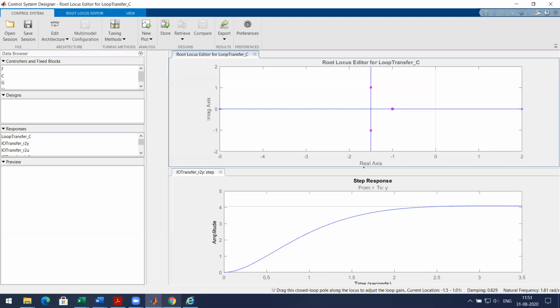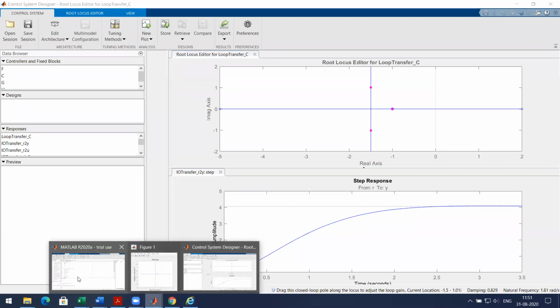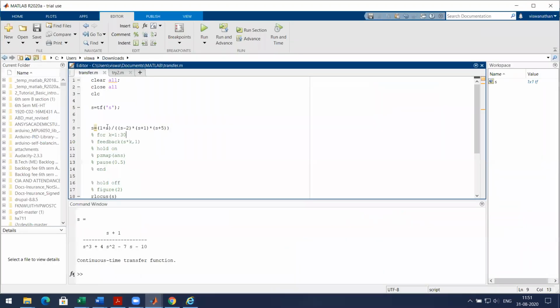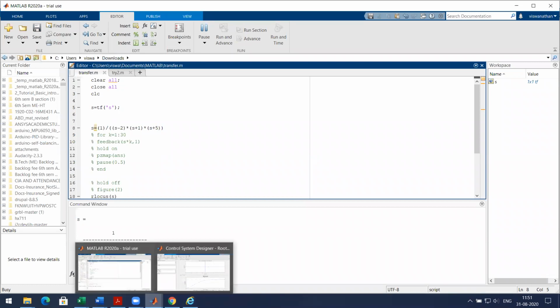But if you don't have a 0 there, then this will never become stable. If you just have 1, this will not make the system stable. So this is something you need to understand. How can we make the system stable?